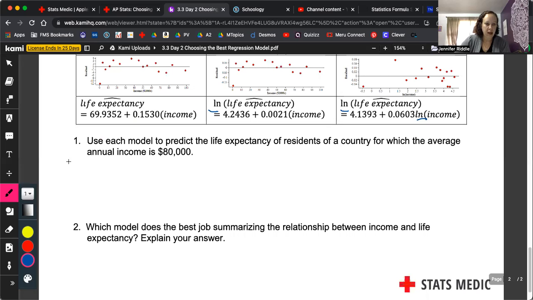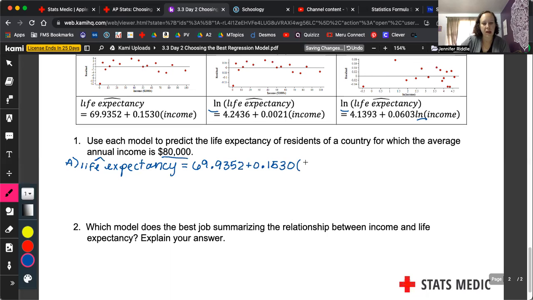So for model A, we have our predicted life expectancy is equal to 69.9352 plus 0.1530 times the income, which we're calculating at $80,000.